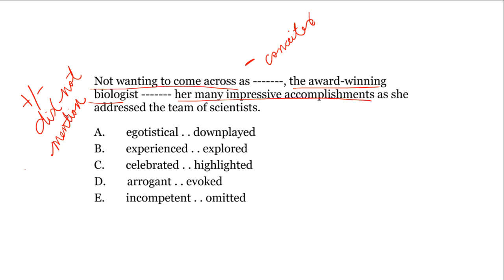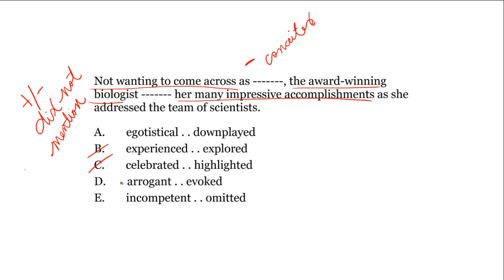Okay, so now that we have our 2 words, we're going to start with the word that we think is better. I think conceited is better than did not mention. So I'm going to look at the left column of words and cross off those that are unlike conceited. Egotistical is like conceited. Experienced is not like conceited. Celebrated is not like conceited.